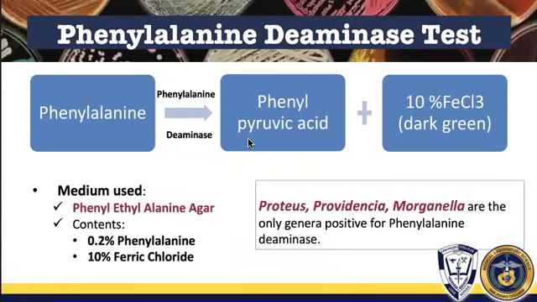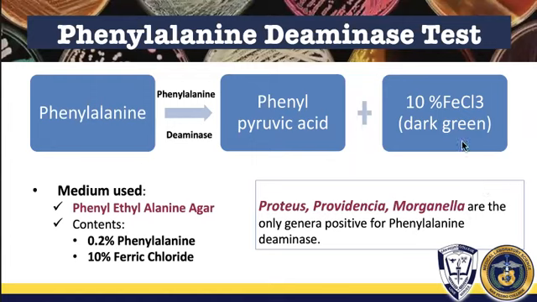Now, the phenylpyruvic acid cannot be seen. It cannot be determined where it is. So for us to visibly see it, the phenylpyruvic acid produced must first react with the 10% ferric chloride. That is the purpose of ferric chloride, to make the phenylpyruvic acid visible.